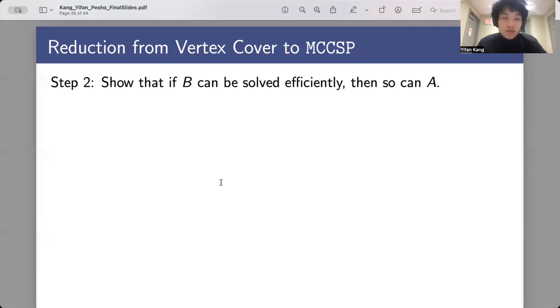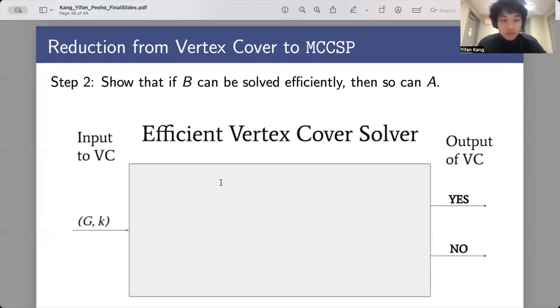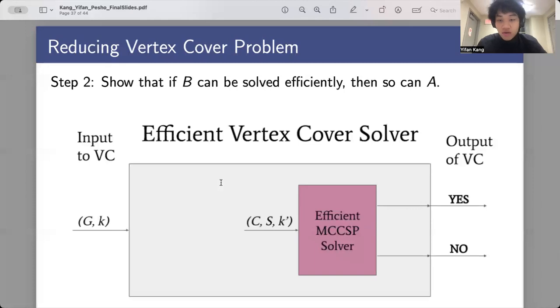Step 2 is that we have a reduction from vertex cover to MCCSP. Suppose that we have already found a solver for the MCCSP.